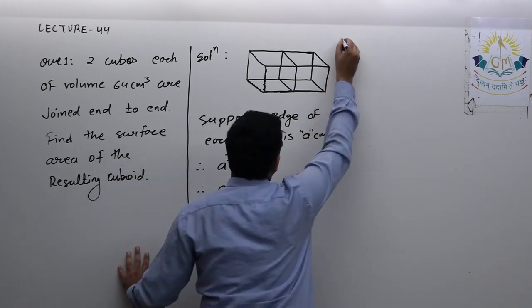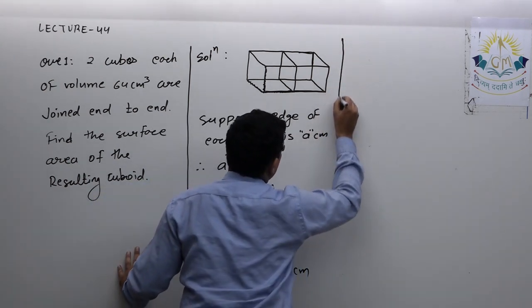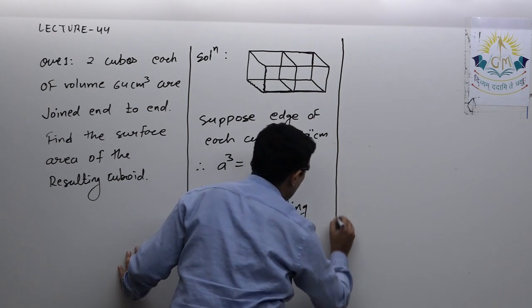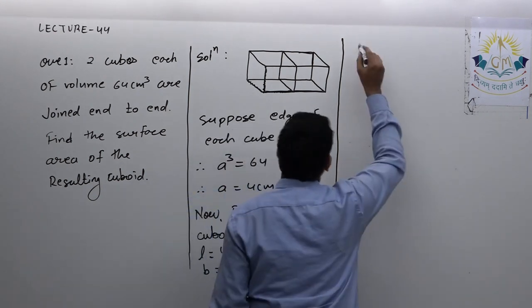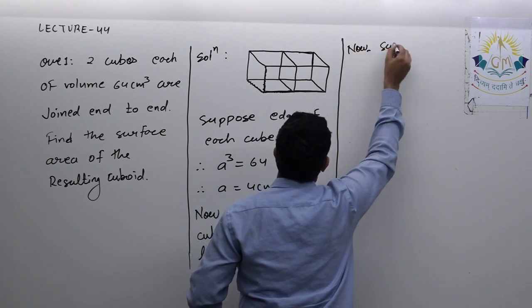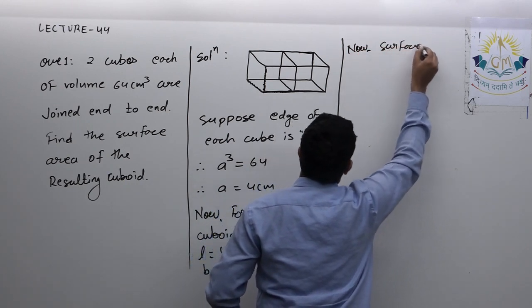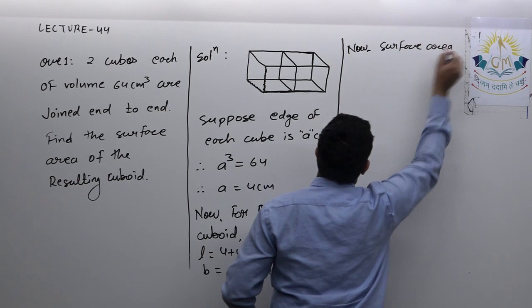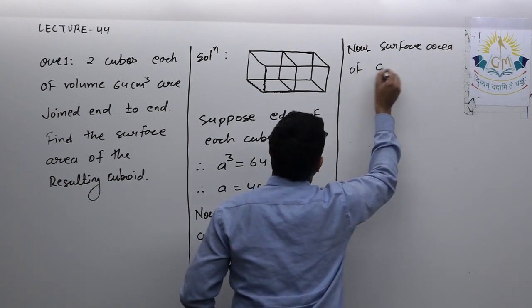So here we got the length, breadth and height for the resulting cuboid. Now what we have to find? Its surface area. So now the surface area of the cuboid.